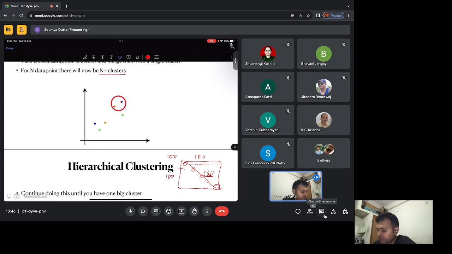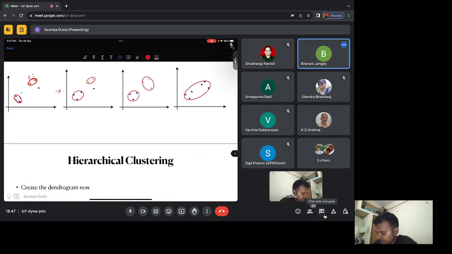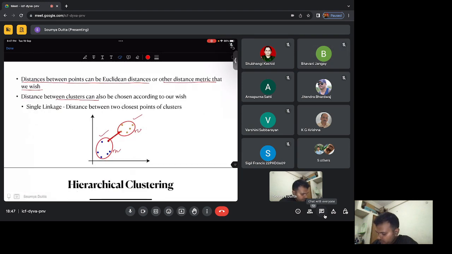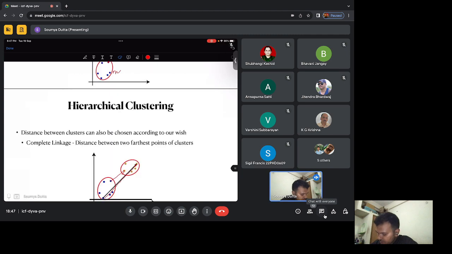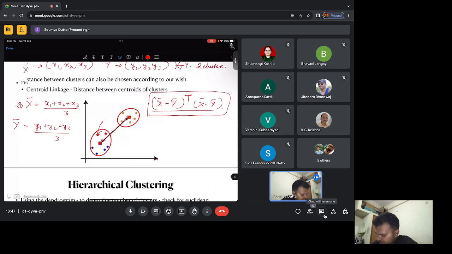When you think about merging a point with a cluster, the distance between that point and that cluster will be taken as the complete linkage or the single linkage or centroid linkage. So in that case, the first cluster will always be single link, and later on all the further ones will be complete linkage, in case it is complete linkage.